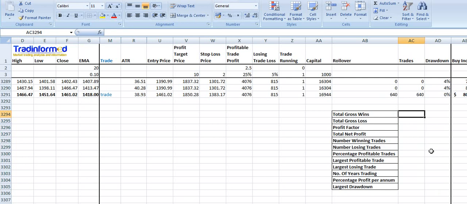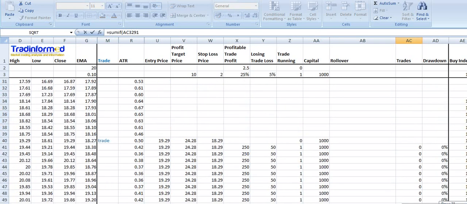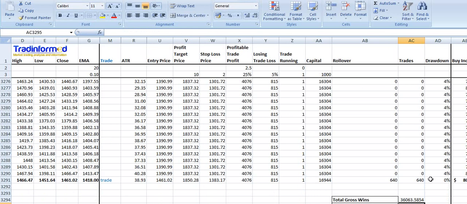We're going to use the formula equals sum if, and the range of course will be the range of all our trades, and we're going to use F4 to lock this range, and the criteria is going to be greater than 0. So these are all our positive winning trades.